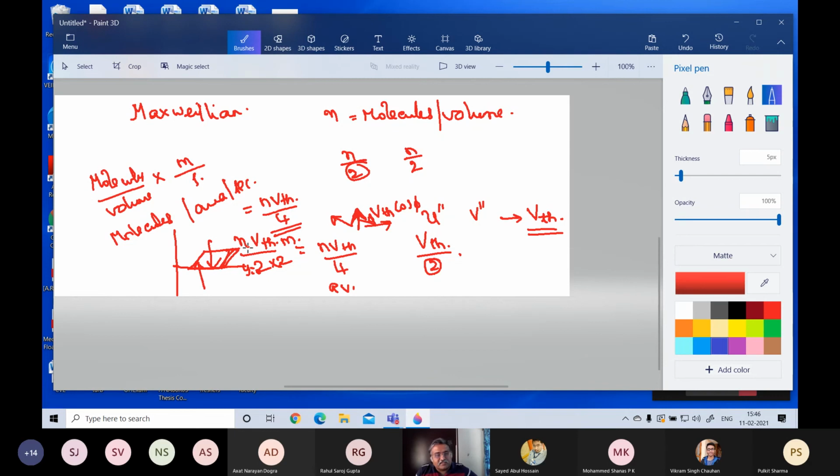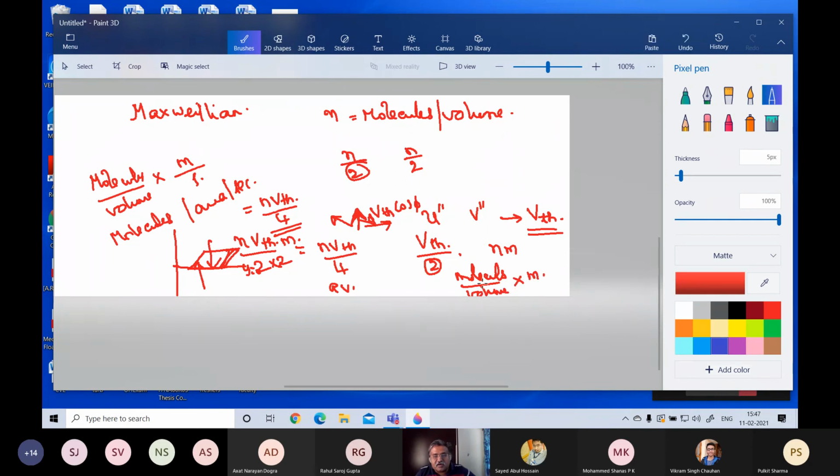Now, one interesting thing you can see is what n into m is. This is kinetic theory of gases, which was done in 1850, when there weren't many things like viscosity; the concepts were just beginning to be developed. So n is the number of molecules per unit volume, and m is the mass of a molecule.